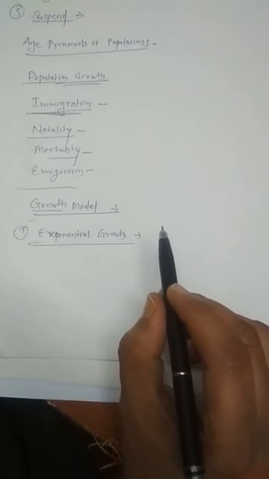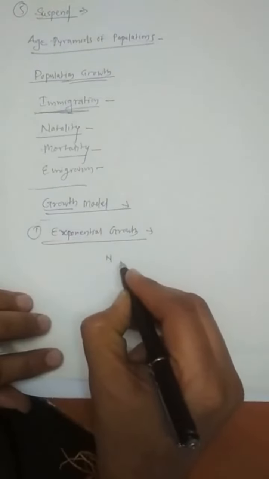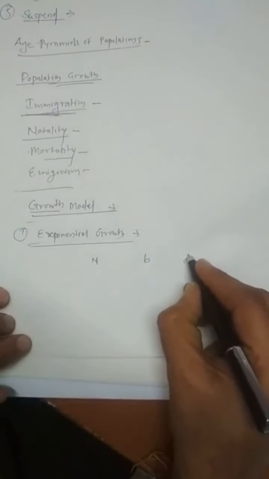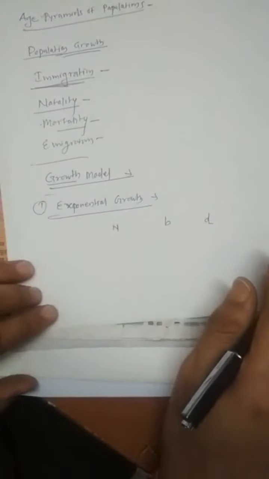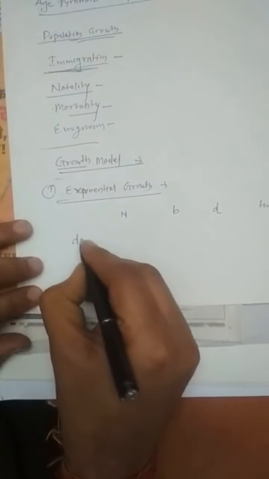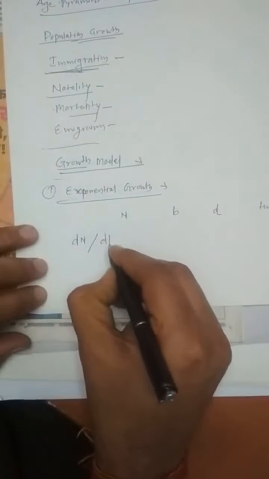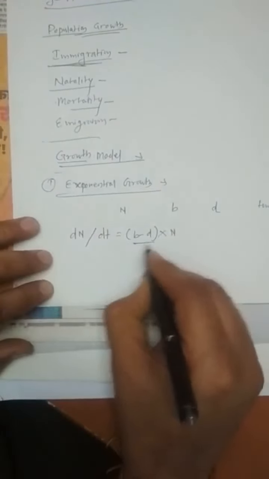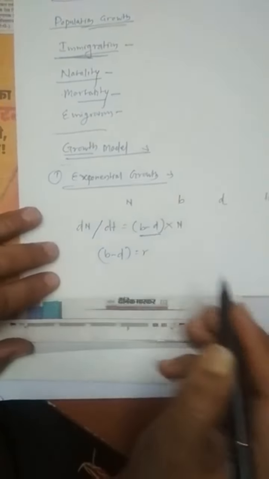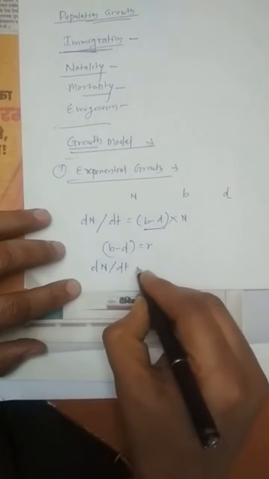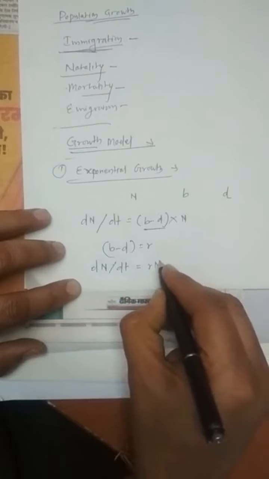If in a population of size N, the birth rate is represented as b and death rate as d, then the increase or decrease in N during unit period of time t will be denoted dN upon dt equals b minus d into N. If we take b minus d equals r, then the representation changes to dN upon dt equals rN.